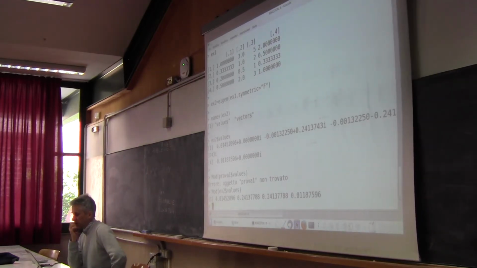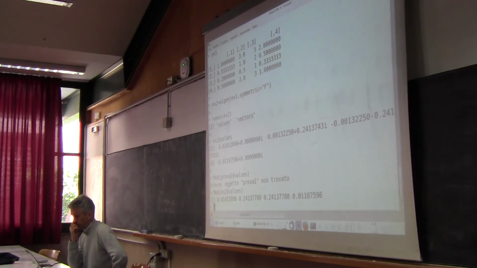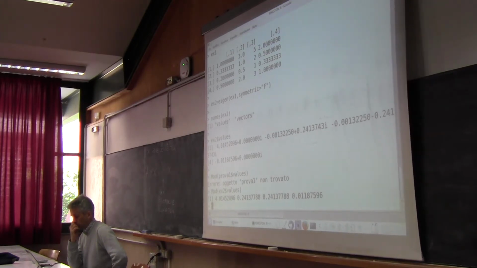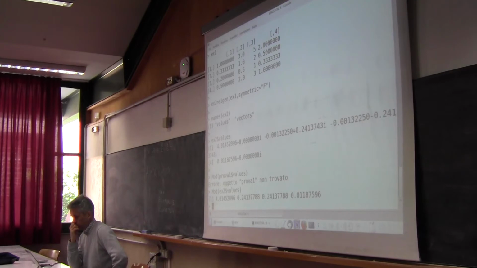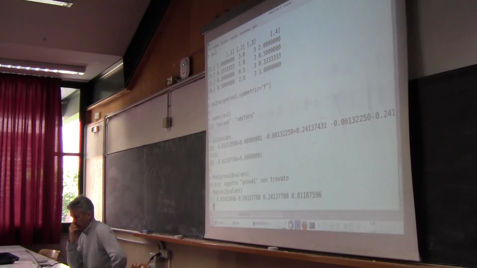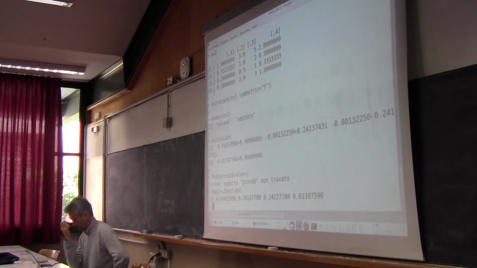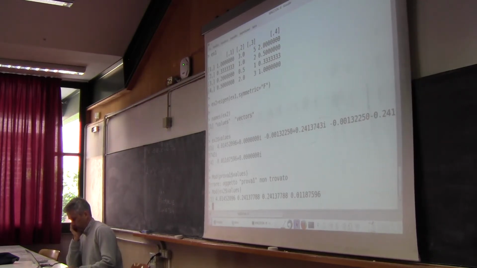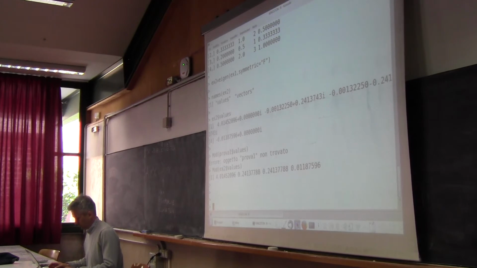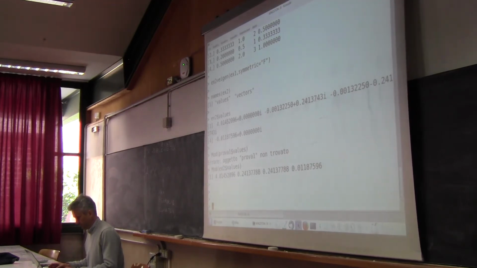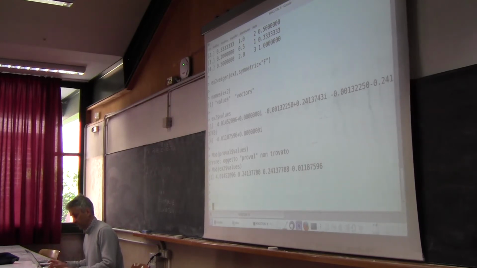And these are the eigenvalues. Which we need to rescale.